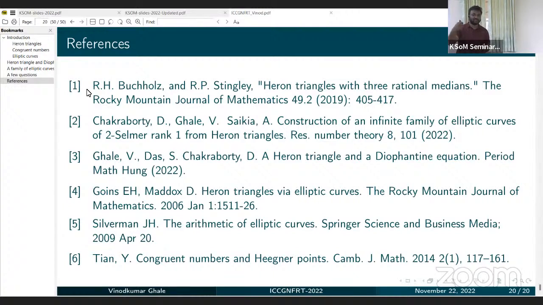The idea of generalization from congruent to other rational triangles can be seen in Heron triangles via elliptic curves and Selmer groups, Sha groups. The method we are using to count ranks is the descent method, which can be seen in Silverman, and Heegner's idea and this generalization can be seen in Tian's work. That's it from my side.